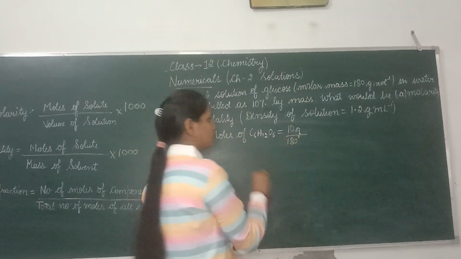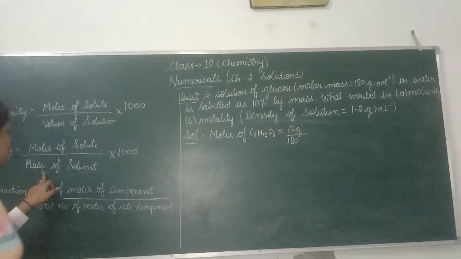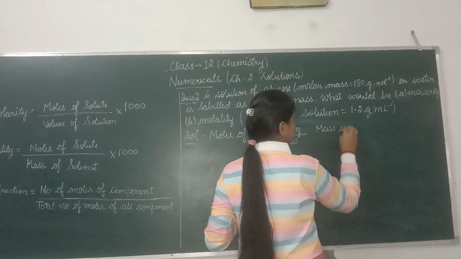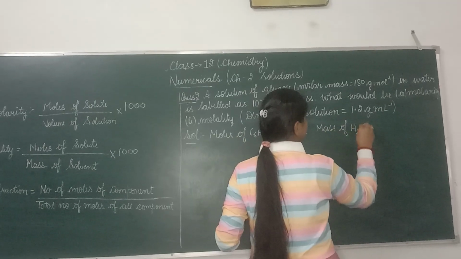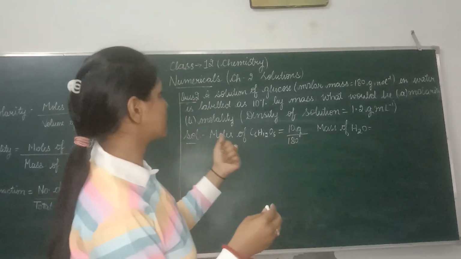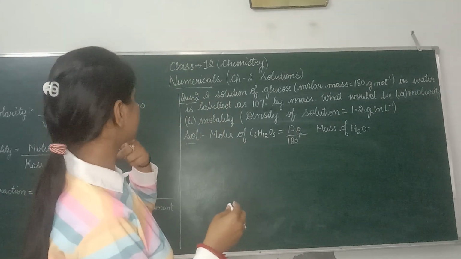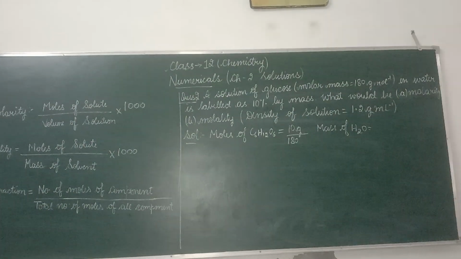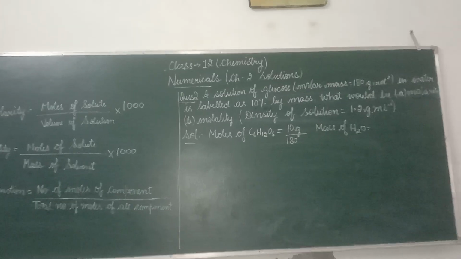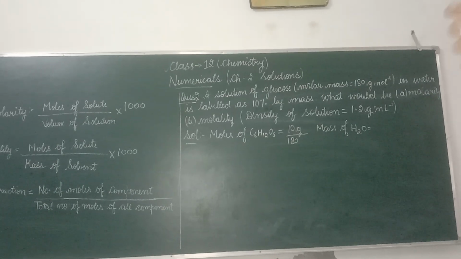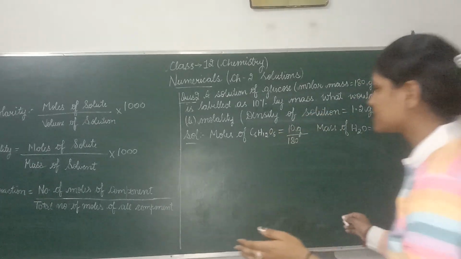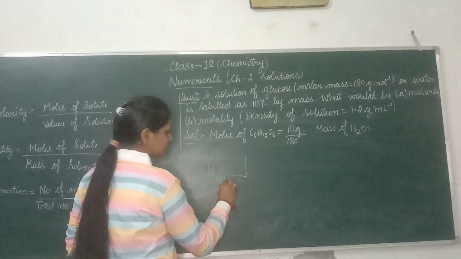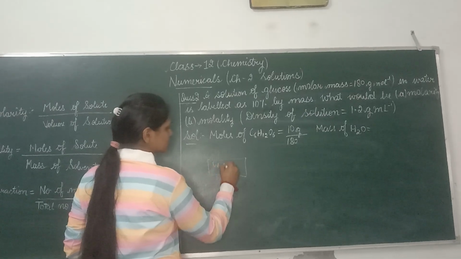And this is the moles of the glucose, and then the mass of solvent. The solvent here is water. The given is a solution of glucose, which means this is the whole solution, solute plus solvent.